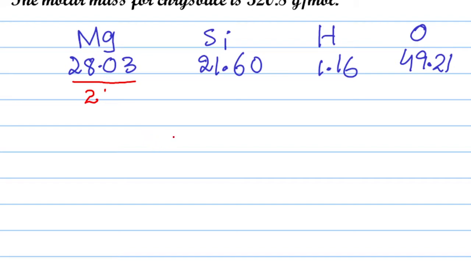For magnesium it is 24, for silicon it is 28, the molar mass of hydrogen is 1, and for oxygen the molar mass is 16.